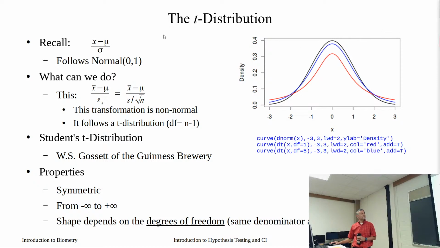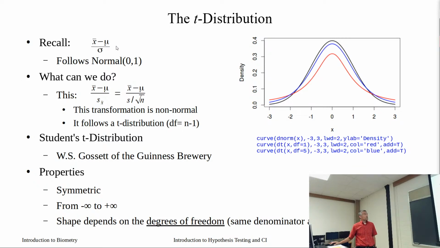Anybody? You had to calculate it. Well, actually you didn't, because you let R calculate it for you. If you did it by hand, what would you calculate? Yeah, that's the z-score. That's z, and z follows a normal 0, 1 distribution.